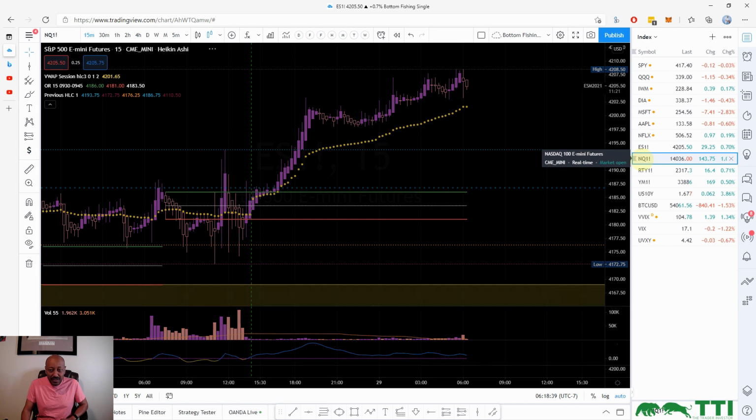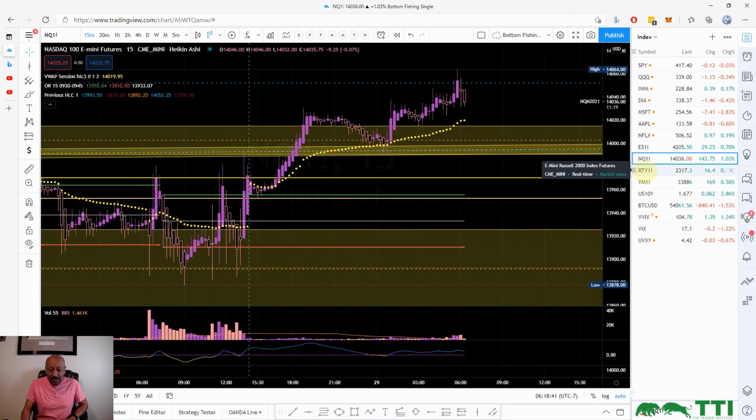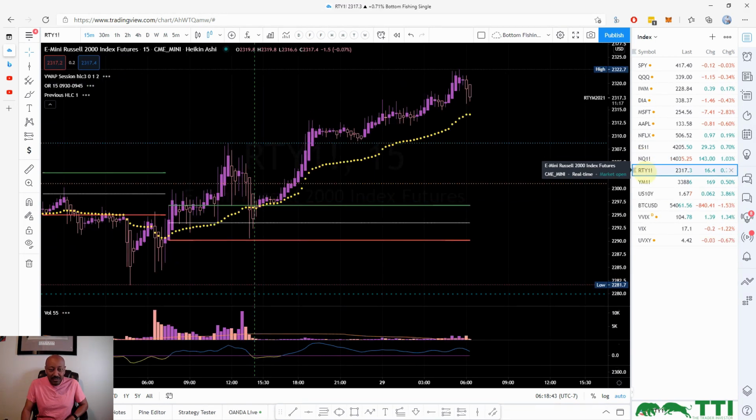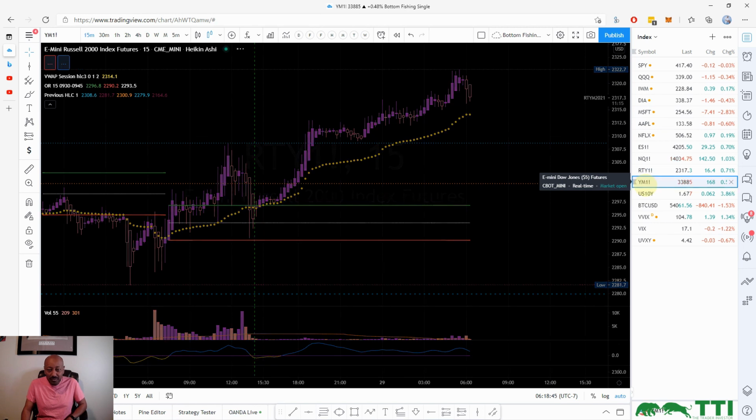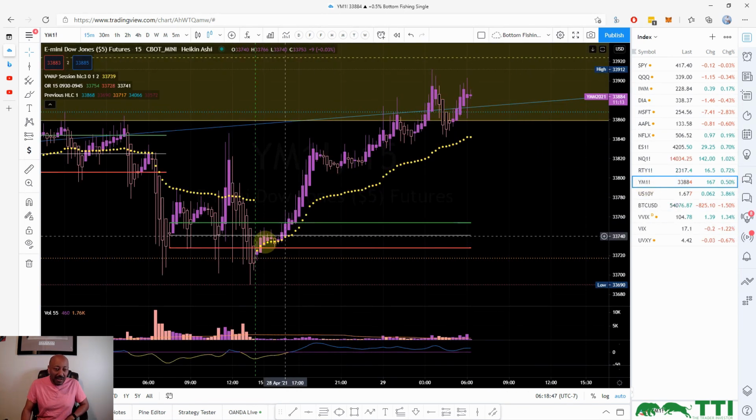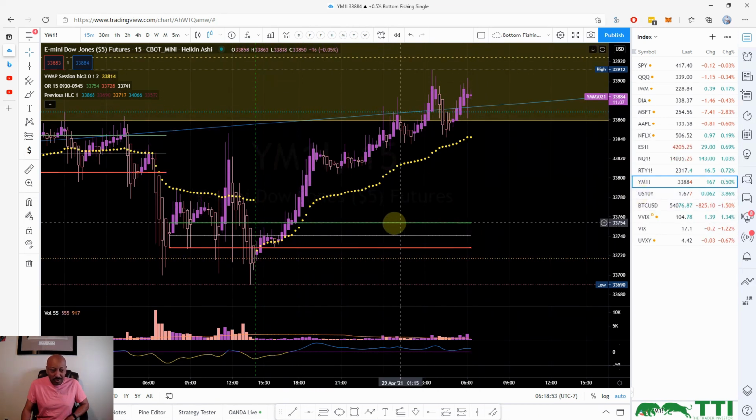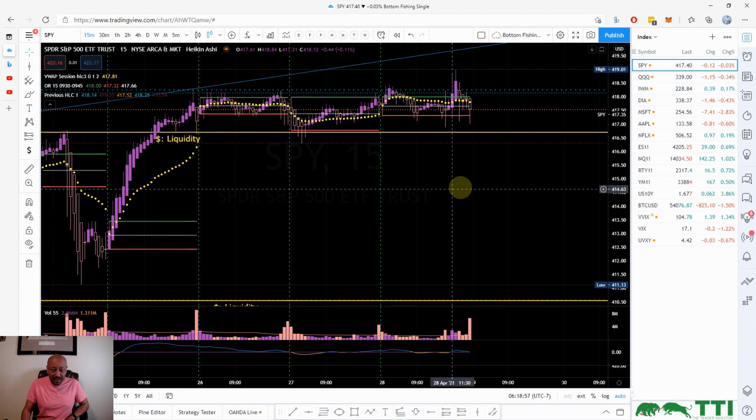Same thing with NQ, same thing with the Russell's RTY, same thing with YM. They're all having explosive moves from yesterday. So what I want to do then is prepare for today's session.